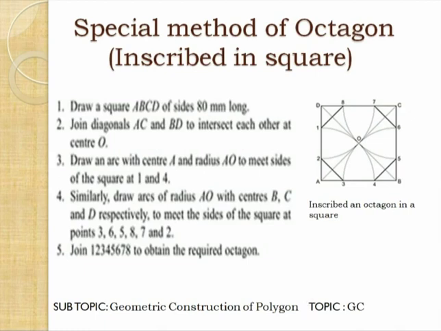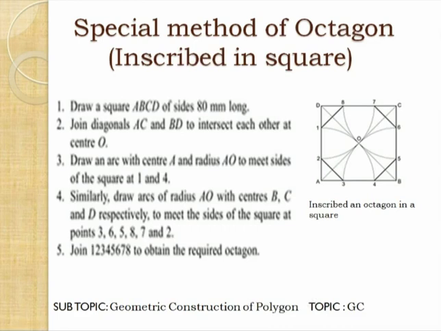Now this is the special method of octagon inscribed in a square. Here ABCD is the square of the given size, and we want to draw an inscribed octagon in this square ABCD.